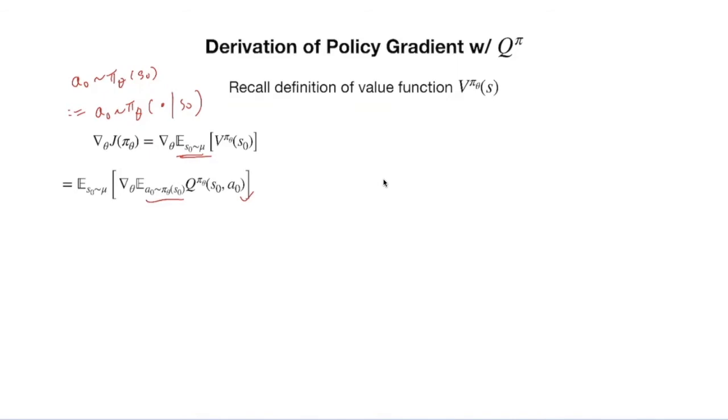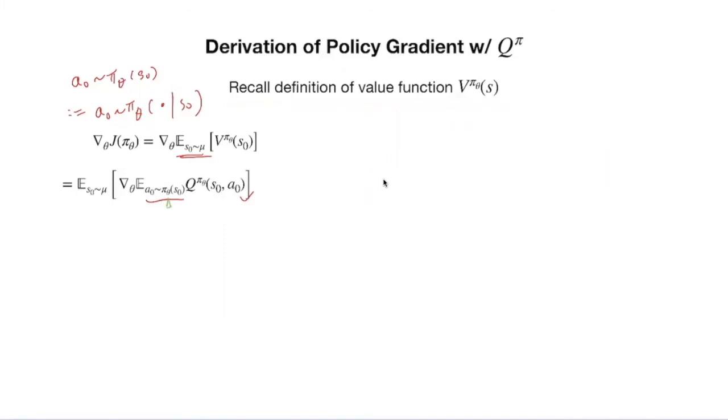Okay, so now we want to push the gradient again through this expression, right? But this expression is a little bit complicated because we have two terms. The expectation depends on theta, and the term inside the expectation depends on theta too, right?